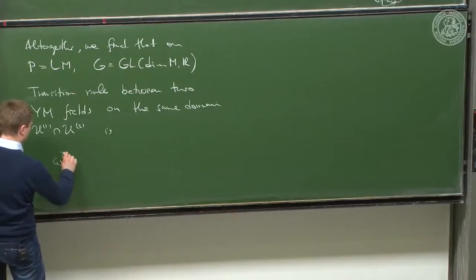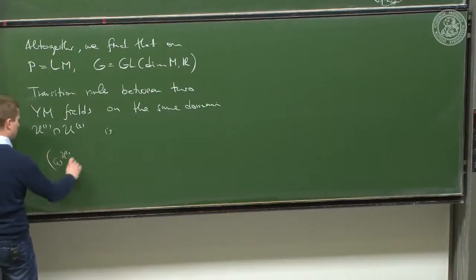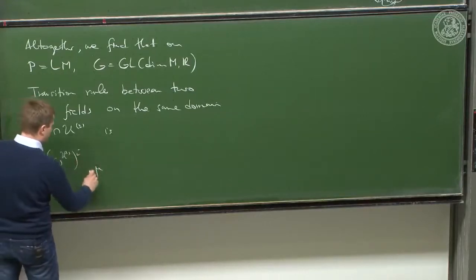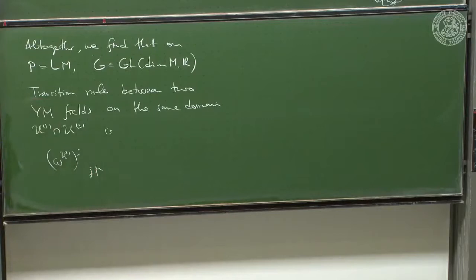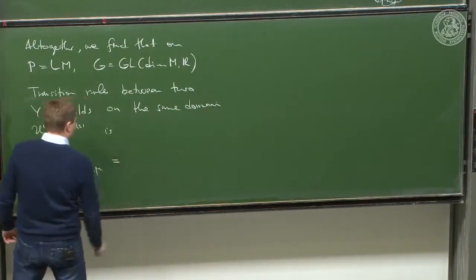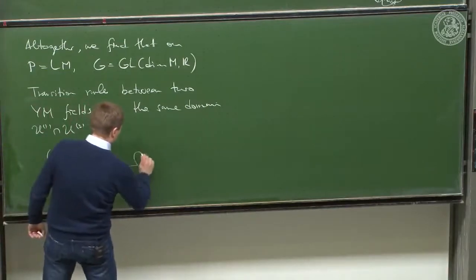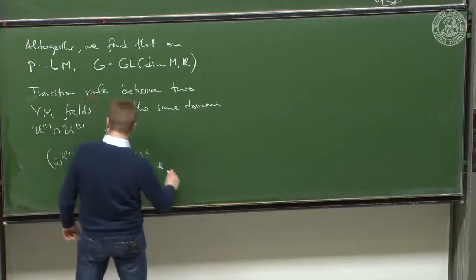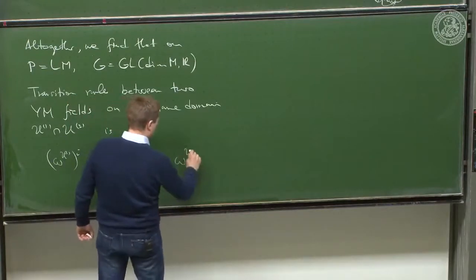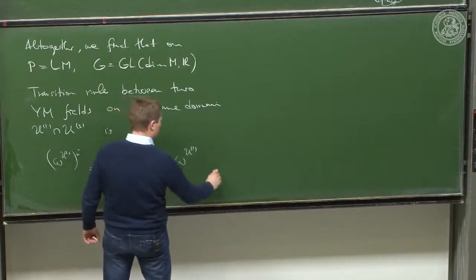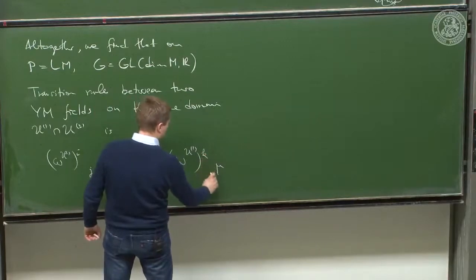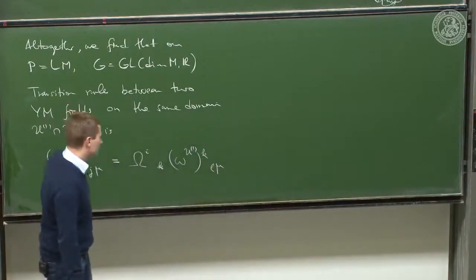So omega U2, the second one, is a one form on the base manifold and has these Lie algebra indices ij of the Lie algebra of the general linear group. And it's given by this omega ik acting on the first Yang-Mills field with its tangent space index and its index KL of the algebra.